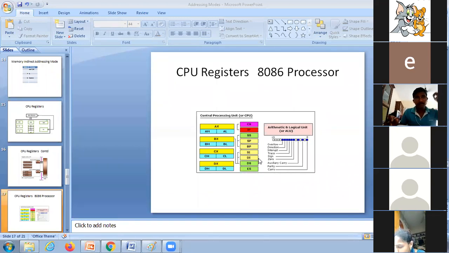Similarly, source array and destination array. If there are two arrays, a source array and a destination array, SI is used for the source array, DI is used for the destination array. These two are the index pointers. SI and DI are used as index pointers. BP is base pointer.